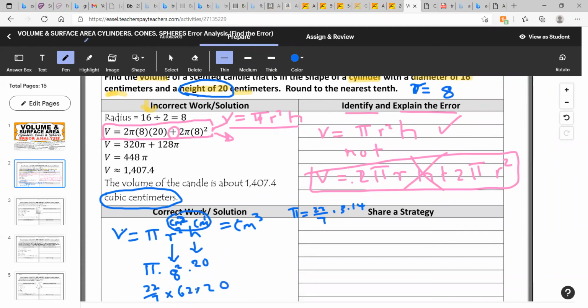So if we multiply all this and divide by 7, let's use a calculator. 22 times 64 times 20 will be 28,160 divided by 7.